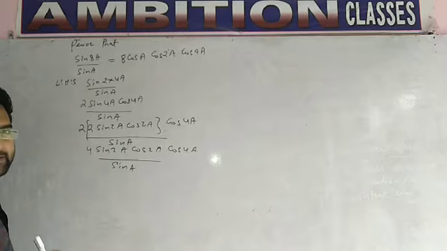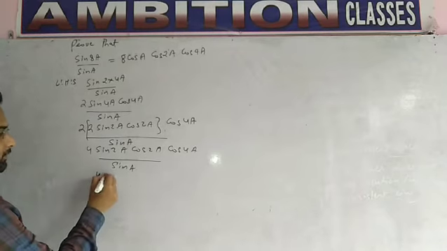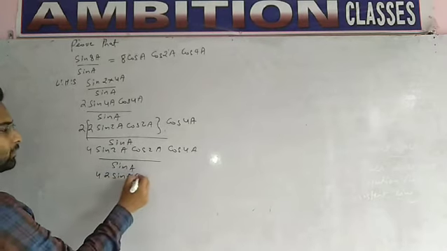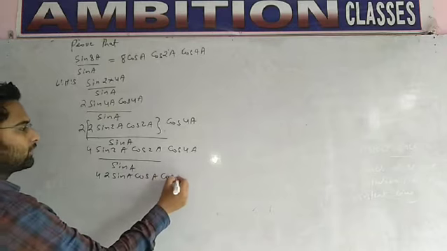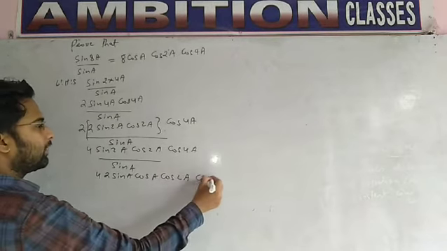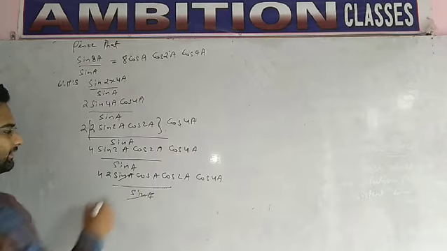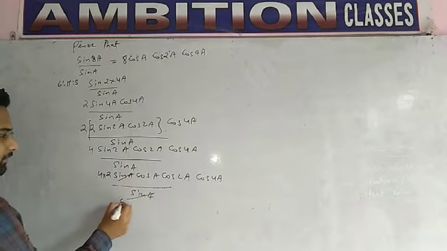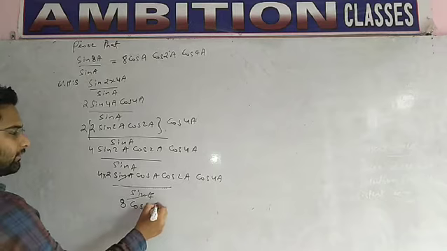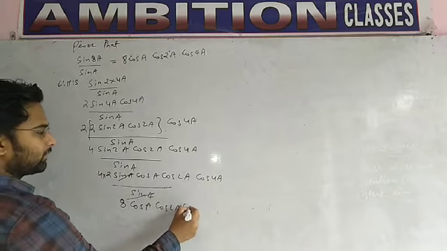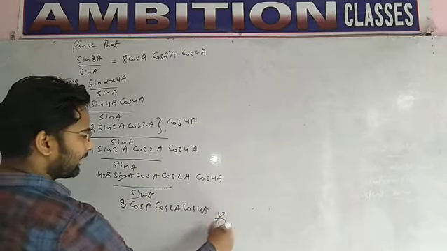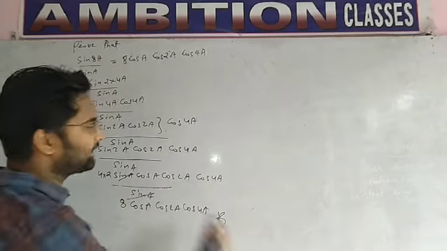So now expand sine 2a as 2 sine a into cos a into cos 2a into cos 4a upon sine a. This sine will cancel, students. 4 into 2, 8 cos a into cos 2a into cos 4a. Hence proved. Please, students, take its screenshot.